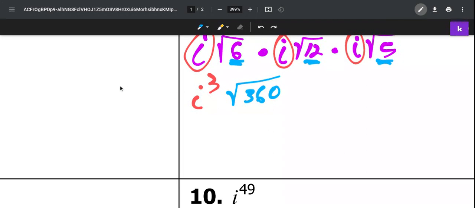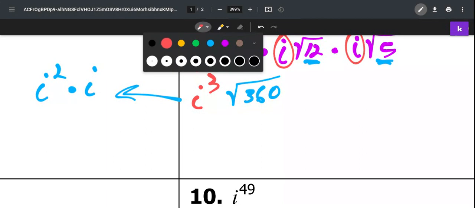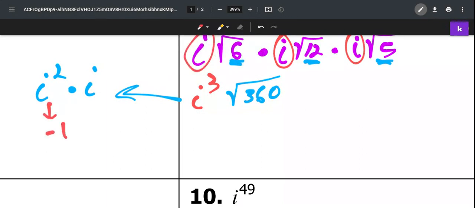So technically, i to the 3rd, if you remember to break these down, we can break that down into i squared times i, because then we can replace this with negative 1 times i. So this would just actually be negative i. All right. Then we can break down 360 with 36 and 10. So let's write that out. All right.